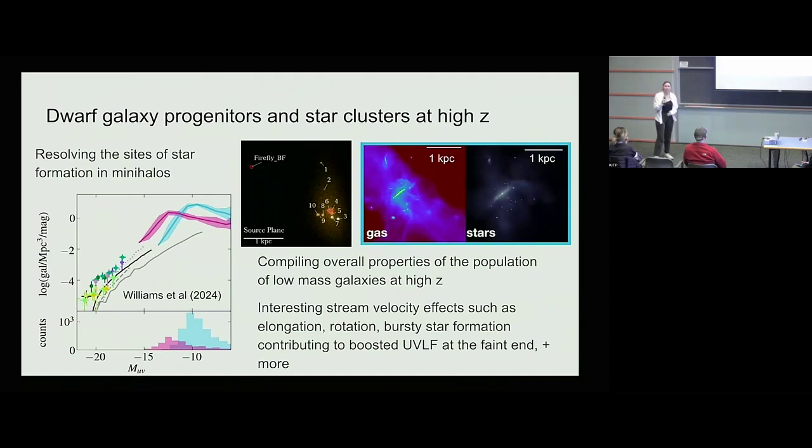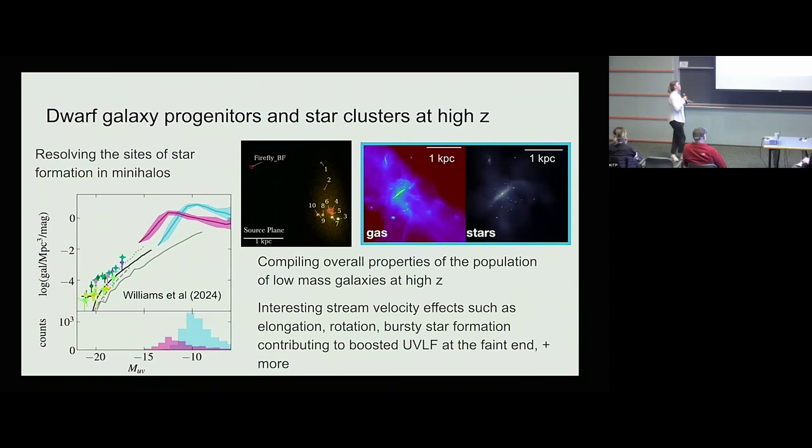We've found several interesting effects. The stream velocity can impact the morphology and the rotation of these structures, and recently we showed that in regions with a high value of the stream velocity, star formation initially is delayed, but then as gas accretes onto structures, it will get shock heated and then cool quickly and have a strong burst of star formation.